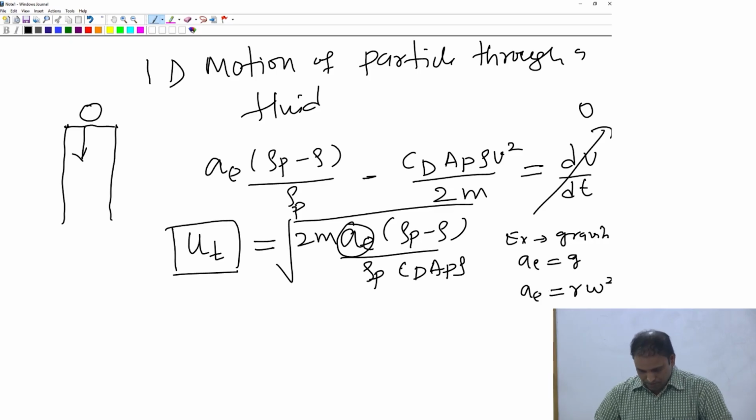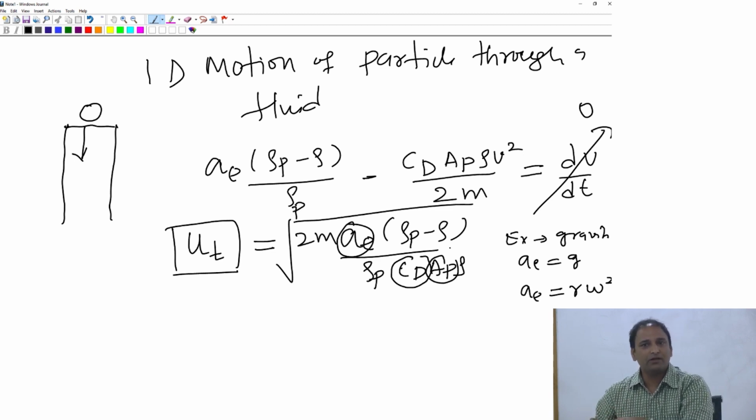Now, if you want to simplify this further, we said we should know what C_D is. If you look at the equation, rho_p is a property of the particle, rho is of the fluid, and A_P is a particle property.